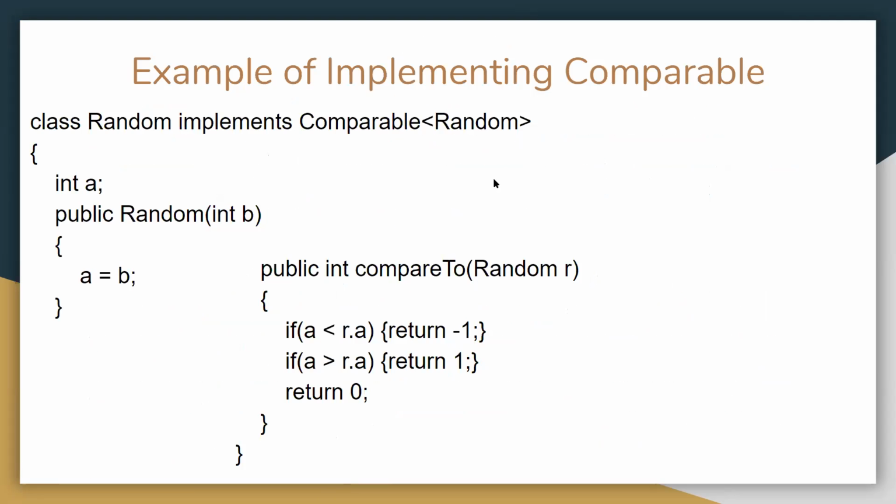So this is the example relating to comparable. You can notice that the code is kind of weird, but just assume that this part goes right after this. I didn't have space to fit it all in one column, so hopefully you understand. Anyways, this always looks like class Random implements, and just notice here that instead of just having the name Comparable here, you have to put a generic type in there.